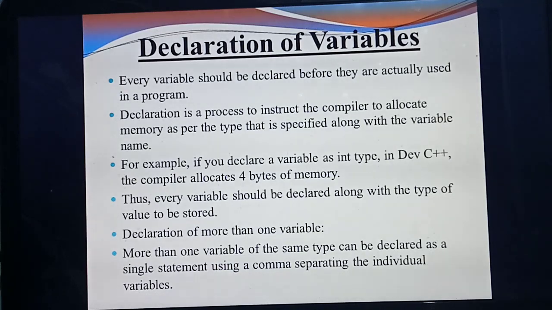Each and every variable should be separated using commas. For example, you are using 3 variables, A, B and C, of data type int. How many variables did I say? 3. A, B and C. These 3 variables should be separated using which symbol? The comma symbol. So int A comma B comma C. Understood what I mean by declaration of variables?